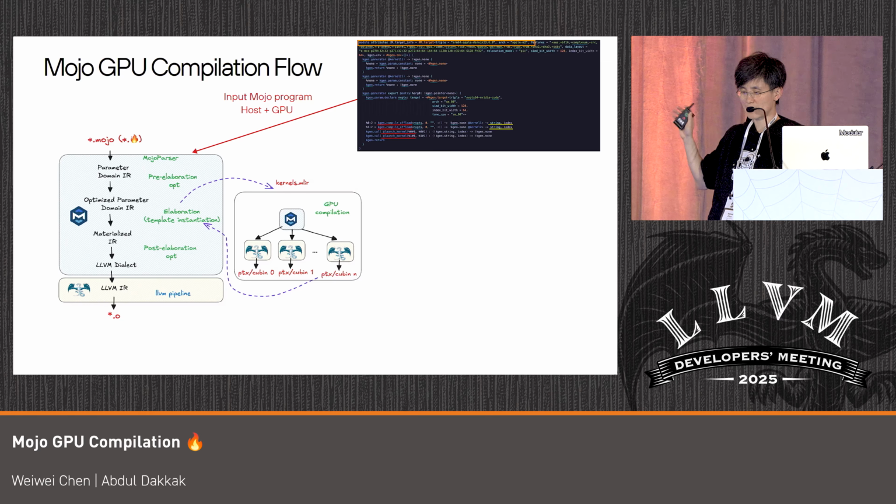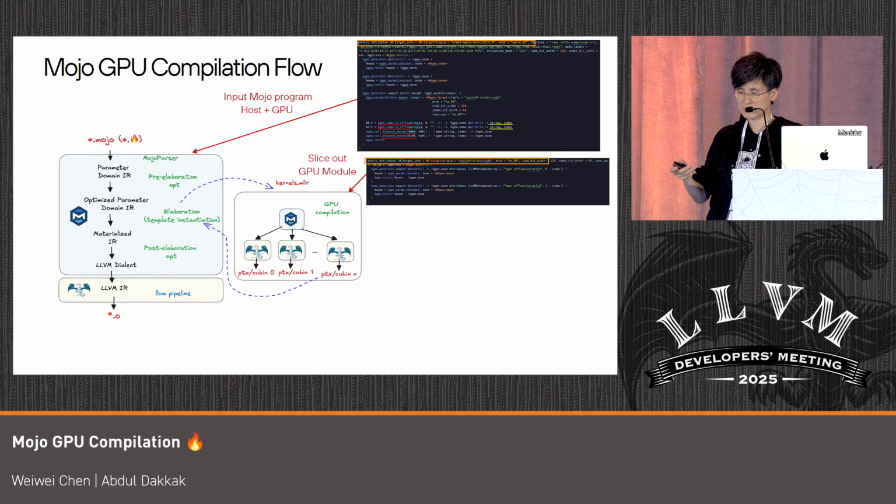GPU compilation happens during the elaboration phase because, as you can see in the previous slide, a GPU kernel function is provided as a parameter to the enqueue function, which is a library interface. Before elaboration, we have everything in one MLIR module, both GPU code and host code. During elaboration, we know that we want to compile two kernels to the NVIDIA backend.